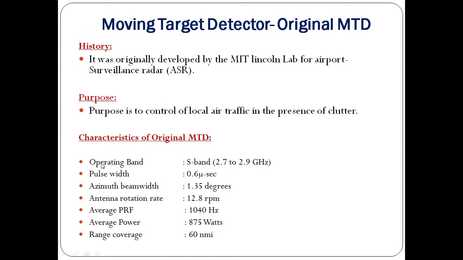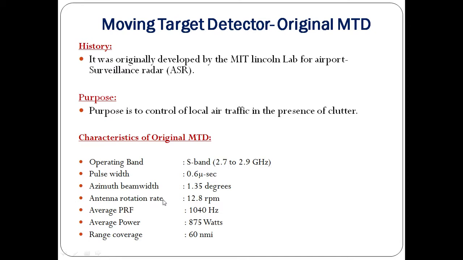Some of the characteristics of the original MTD are as listed. The operating band of this original MTD is from 2.7 to 2.9 gigahertz, basically referred to as S band, and the pulse width is 0.6 microsecond. The azimuth beam width of the antenna in the horizontal plane is 1.35 degrees.